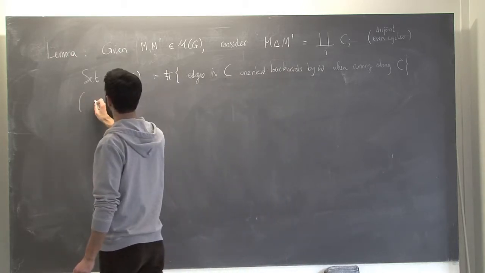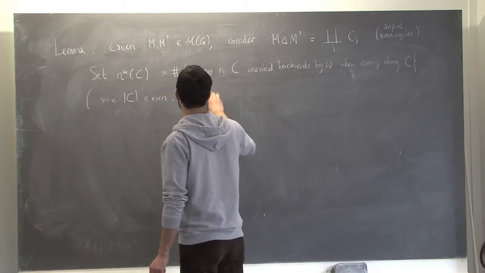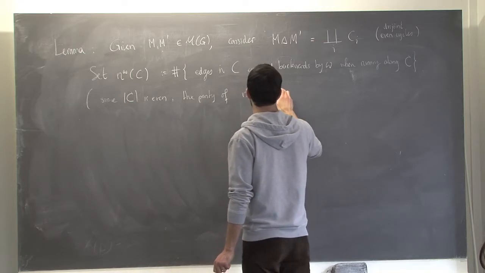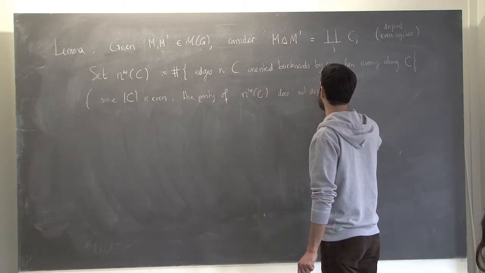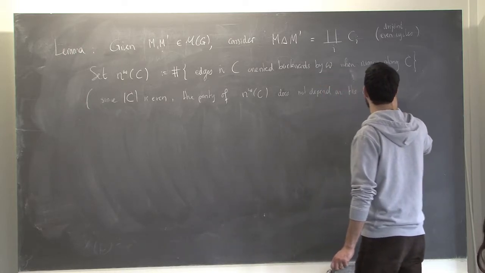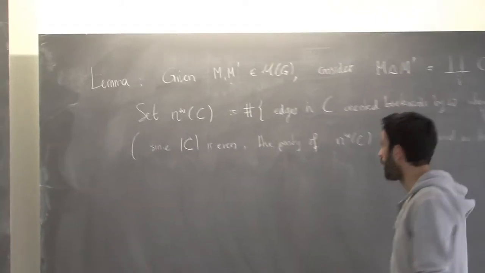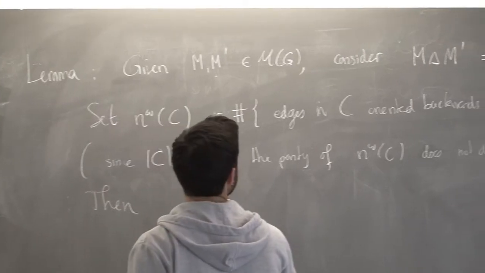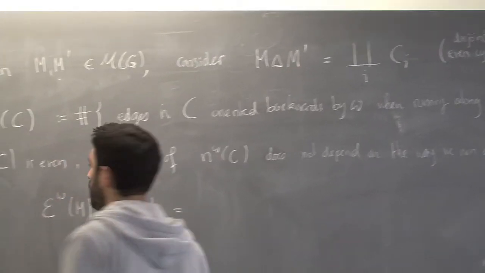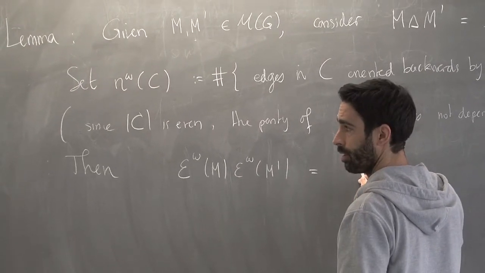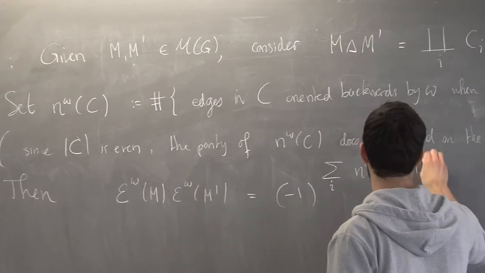Okay? So since C is even, the parity of n omega of C is well defined. So it does not depend on the choice of the orientation of C, on the way, let's say, the way we run along C. And the claim of the lemma, then: the product of the two signs is equal to minus 1 to the power sum over i of n omega of C i plus 1.